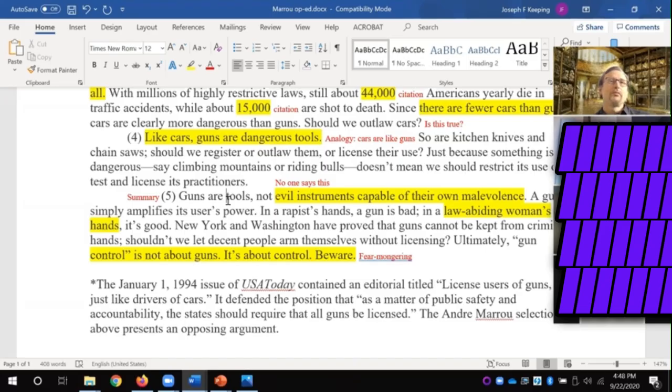I'm going to say that for at least some of you, it probably looked like quite a reasonable argument at first glance, but once we started to pick it apart, which is what critical reading is about, we discovered that there was a problem with almost everything the author said.